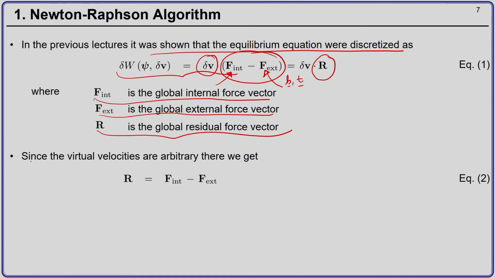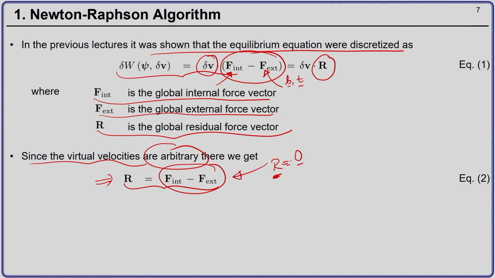Now, because the virtual velocities in equation 1 are arbitrary, therefore, the residual has to be equal to the difference of the internal and the external forces. Okay. Now, as you approach equilibrium, this residual vector will go to 0 vector. Okay. So, in general it becomes very small.